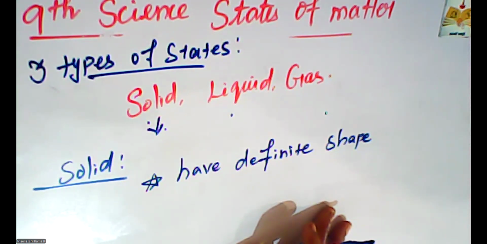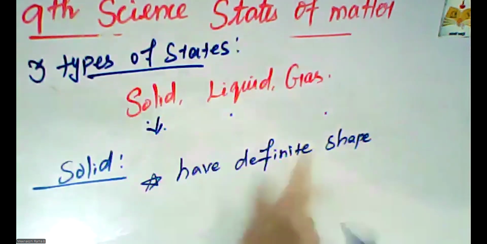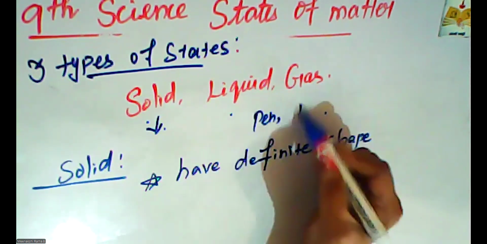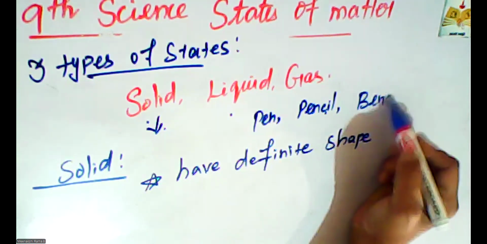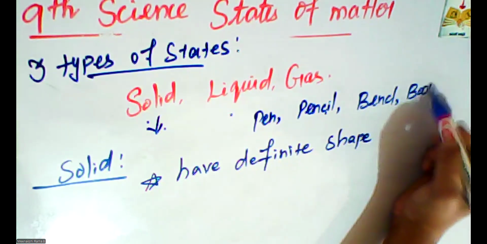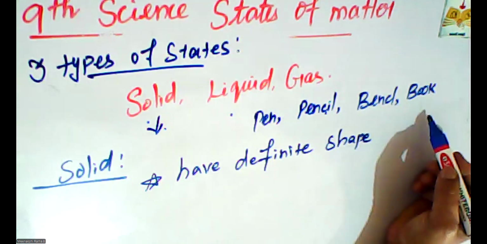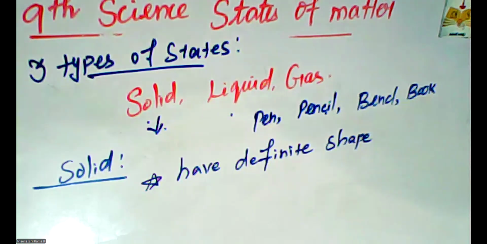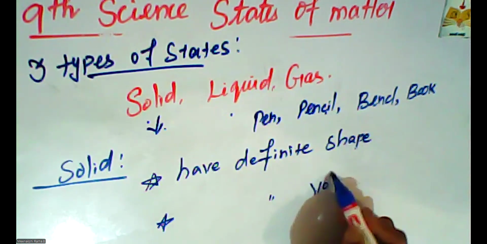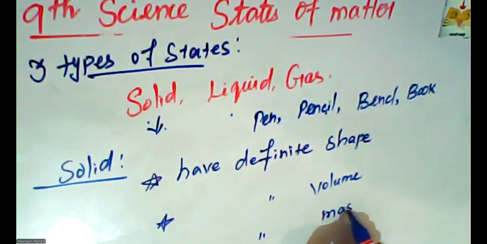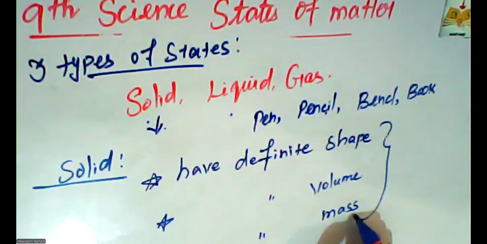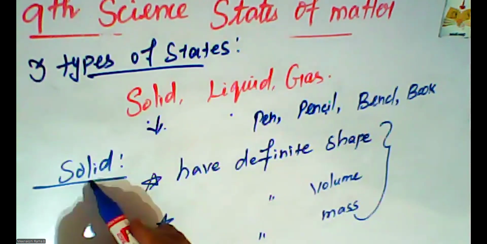These are all examples of solid materials. These materials have definite shapes and also definite volume and definite mass. So these kinds of materials are called solid.